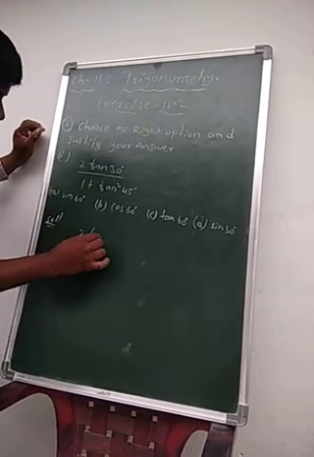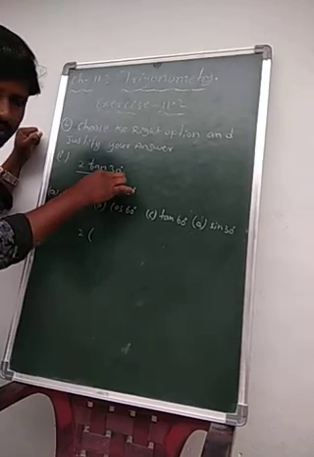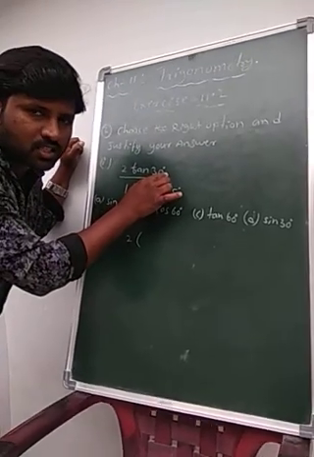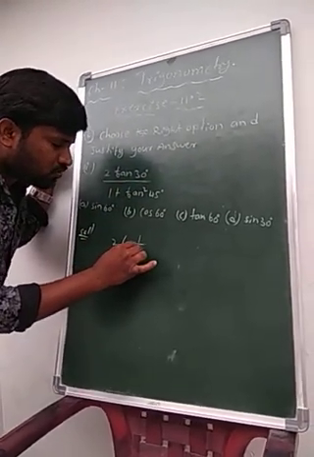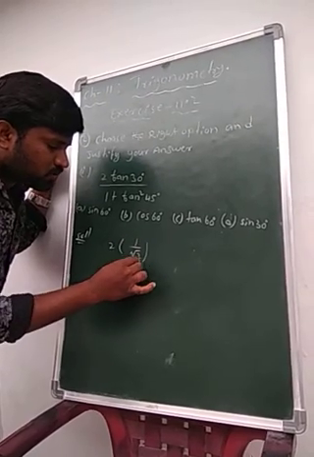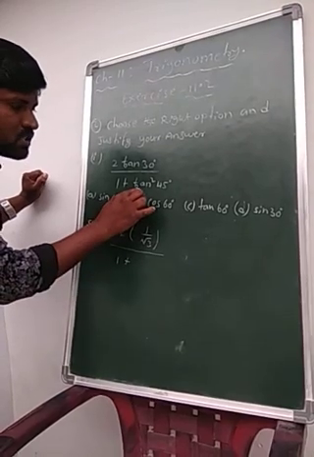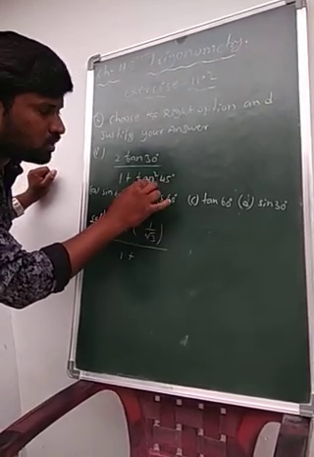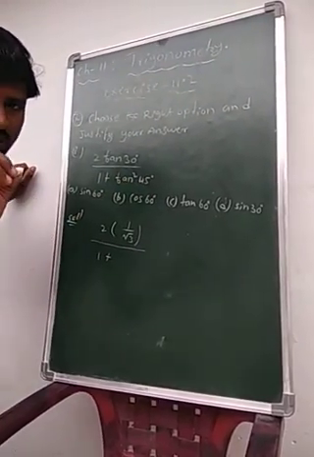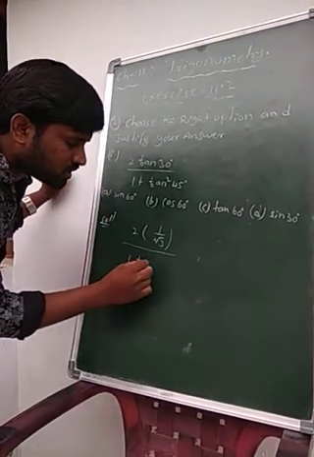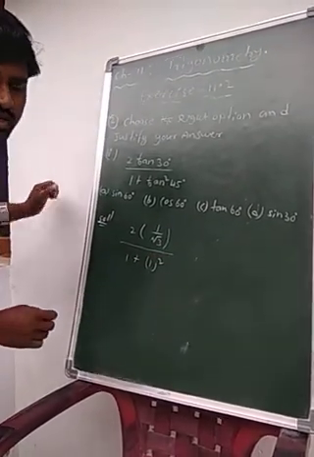2 of tan 30 degrees means, tan 30 means what? Tan 30 degrees means we know that is 1 by root 3, by 1 plus tan square 45 degrees. We know tan 45 degrees means that is 1. Tan square 45 degrees means that is 1 square.